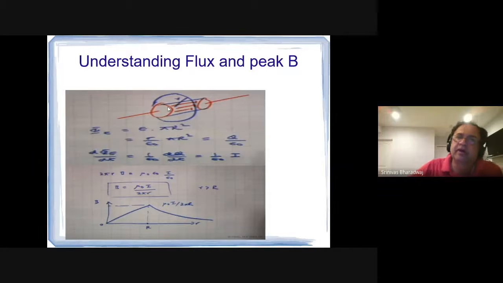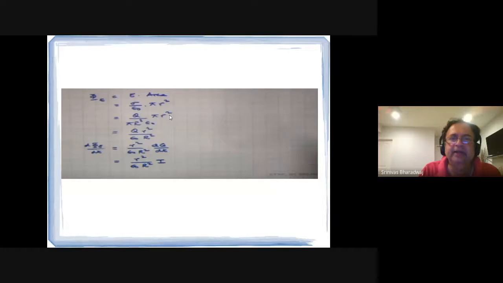So the total current becomes constant from r onwards. On this side the I is constant, on this side the I is changing. This is for r greater than capital R, where you're applying B dot dl equals mu naught I. And therefore you have peak B right on that surface. Where is the B the most? The B is the most right on that surface. So that is the basic idea there.